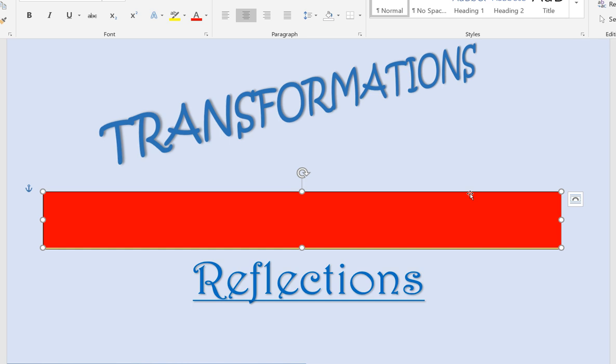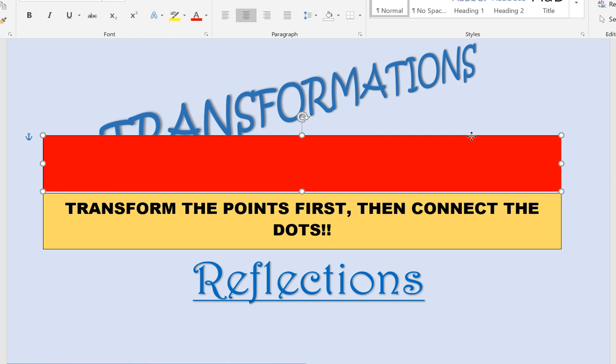One thing that you need to remember when doing transformations, and I didn't mention this in the last video, but this applies to all of your transformations, you are going to transform the points first, and then you connect the dots to get the shape. You don't try to do one point and then connect the dots. You're going to get all kinds of confused.